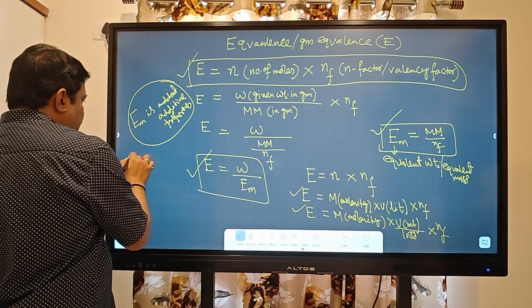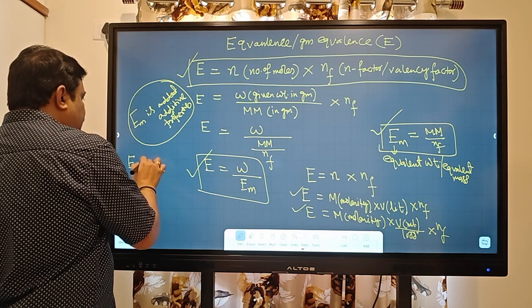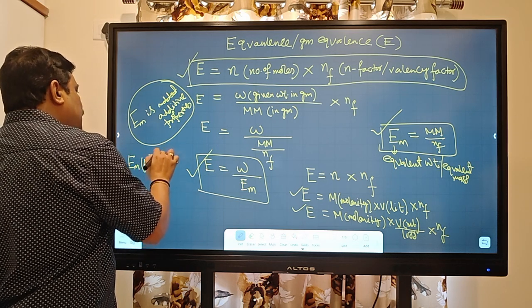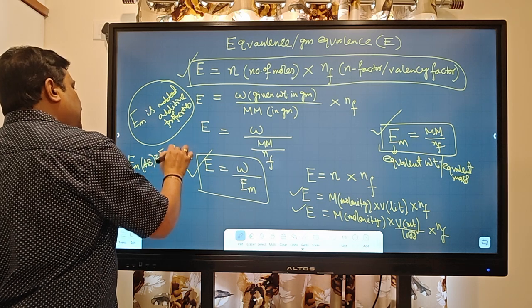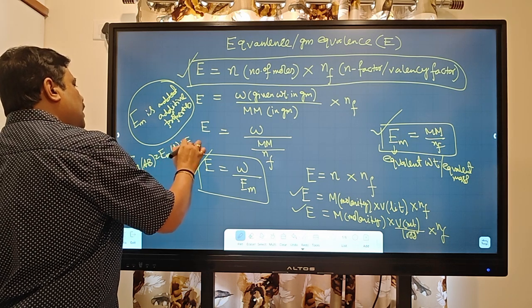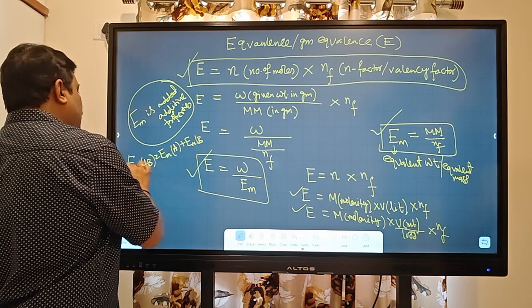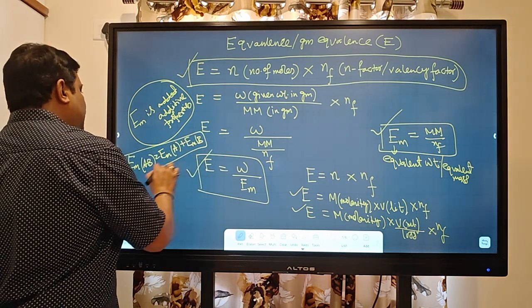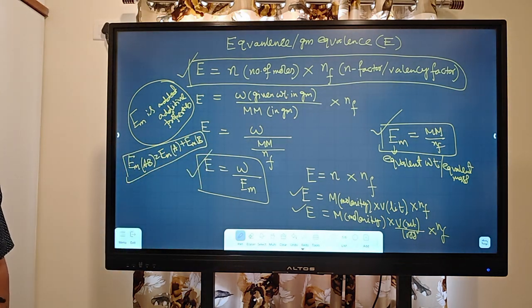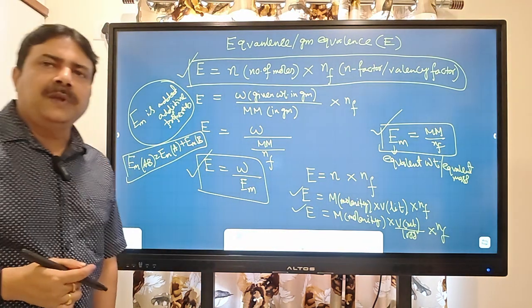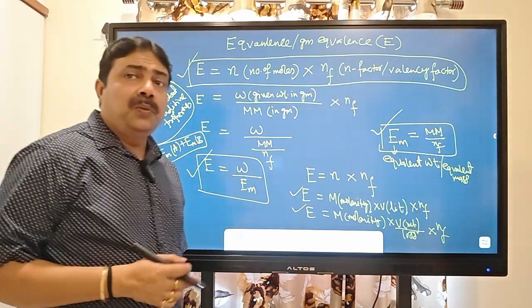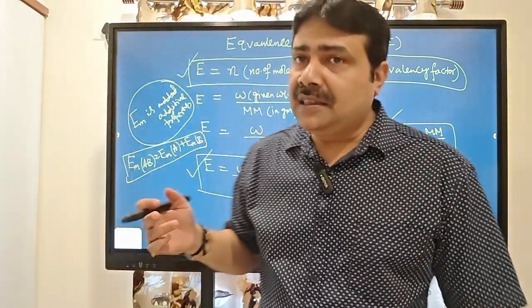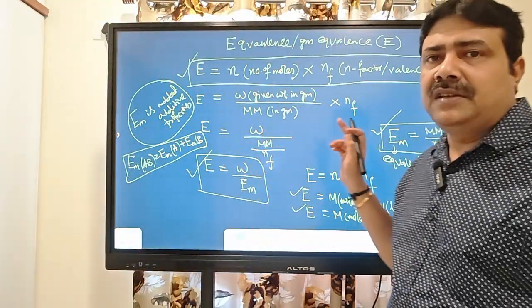That means if I say equivalent mass of AB will be equal to equivalent mass of A plus equivalent mass of B, that is the idea. That is called additive property. Equivalent mass of AB will be equal to equivalent mass of A plus equivalent mass of B. These are the important things you always have to remember.